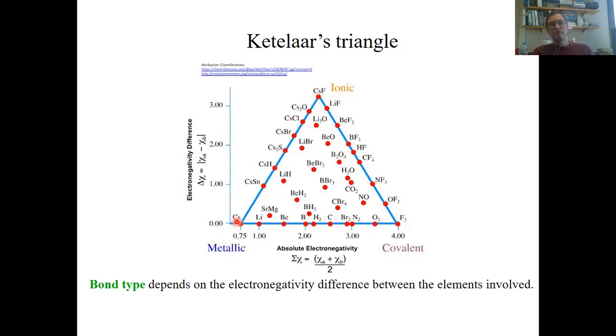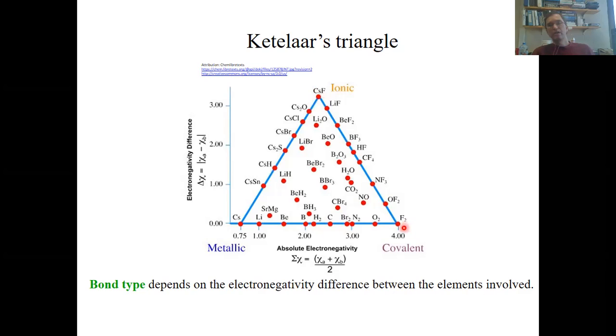The polarity within these cesium compounds increases as you go from this corner to this corner. That tells you something about the bonding. As we go from this corner to this corner, we go from completely metallic bonding to something in between metallic and ionic bonding, to ionic bonding. So cesium fluoride would also be the compound with the most ionic bonding character.